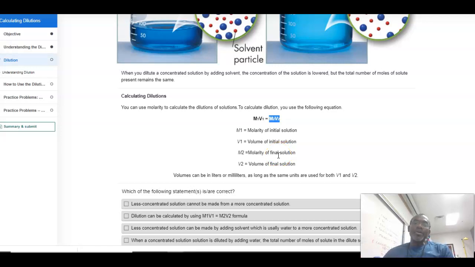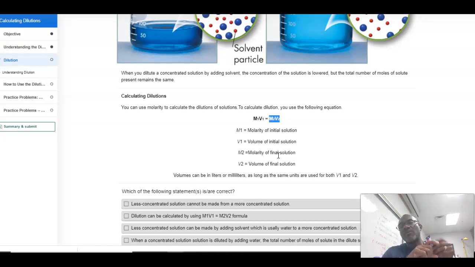Now, unlike the formulas for calculating molarity, for the formula for calculating dilution, we can use liters or milliliters. It doesn't have to be in liters. However, both the V1 and the V2 must have the same unit. So which means that if you have V1 in liters, V2 must be in liters. If you have V1 in milliliters, V2 must be in milliliters.